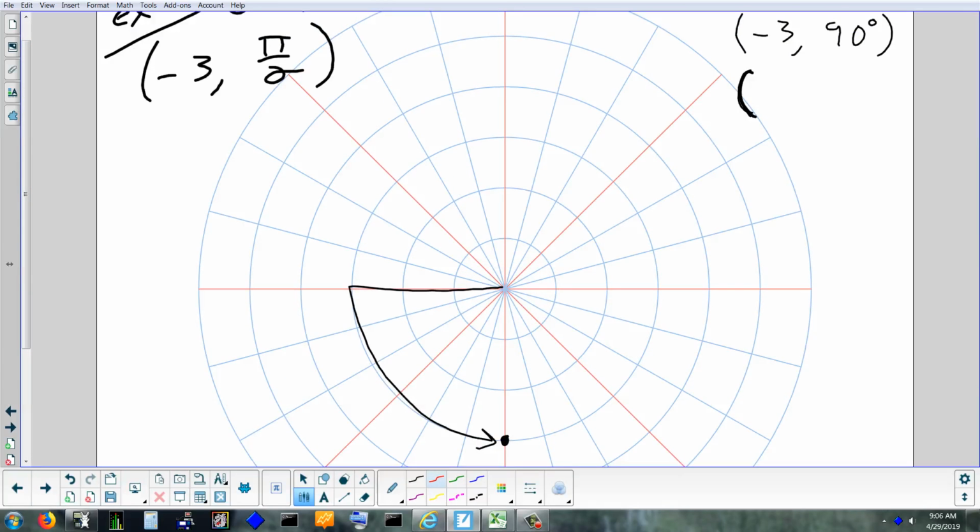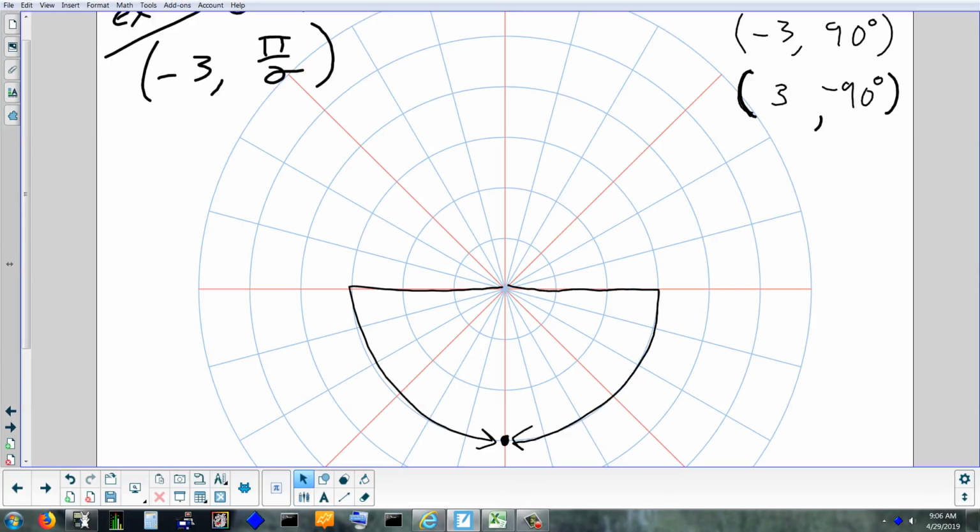Can someone give me another way I could get to that same point? But I don't want to have negative 3 comma positive 90. Could you just do the opposite, like positive 3 and negative 90? So positive 3, 1, 2, 3, and then negative 90 would bring me that way. So positive 3, negative 90.